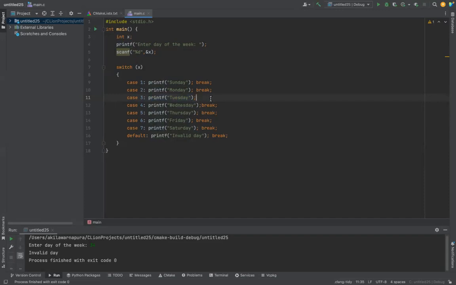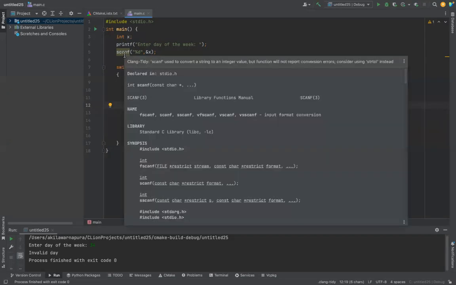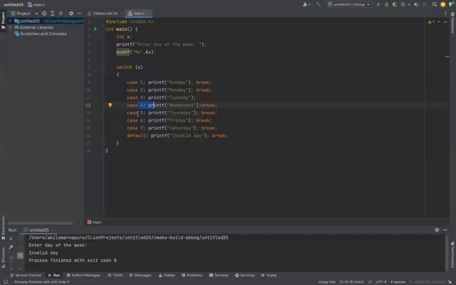Is there any break keyword? No. Then it jumps to the next line also. Case 4, does it match? No, the user entered 3. But although it doesn't match, it executes the printf Wednesday also because the break keyword is not there. After that, when there's a break, it will stop.